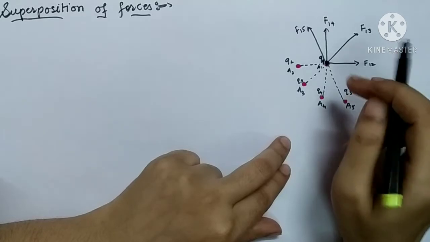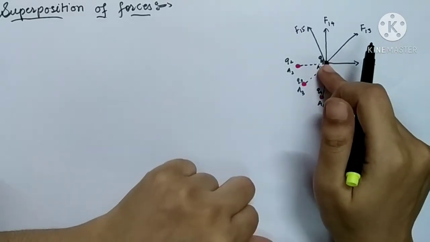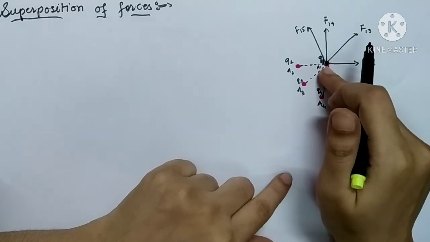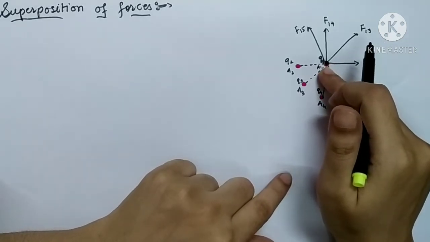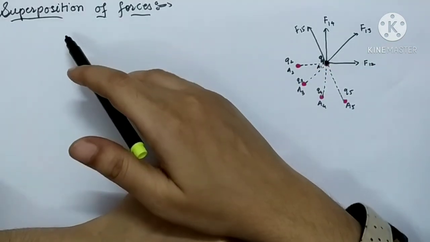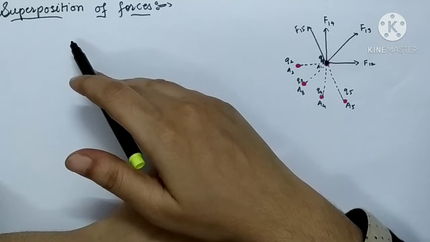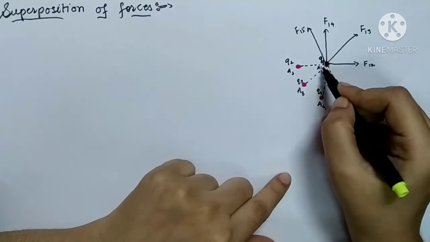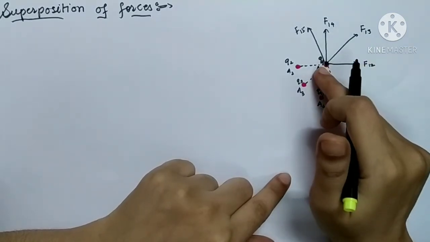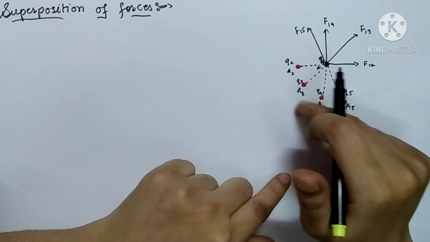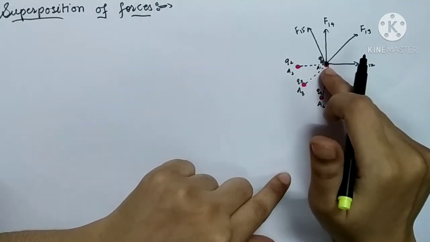So if you are asked to count the total forces acting on the charge Q1, that total force is given by the superposition principle, or you can say superposition of forces. It means that in order to calculate the force acting on the charge Q1, you have to add all the forces exerted by the other charges on the charge Q1.